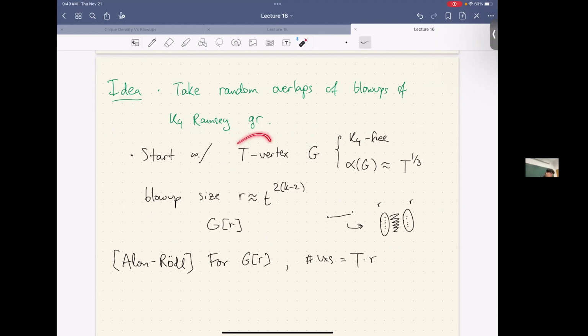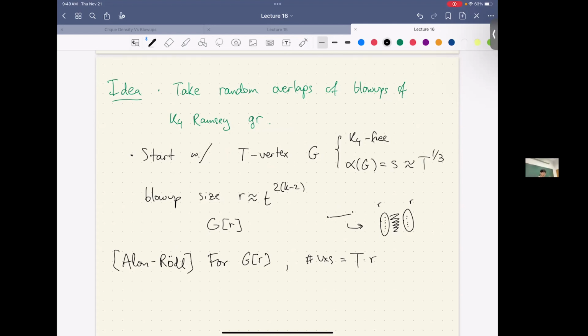You have T vertices blown up to R, and they bound the number of independent sets of size T. Let me call it S, which is roughly t to the 1/3. That's the independence number of the original graph.